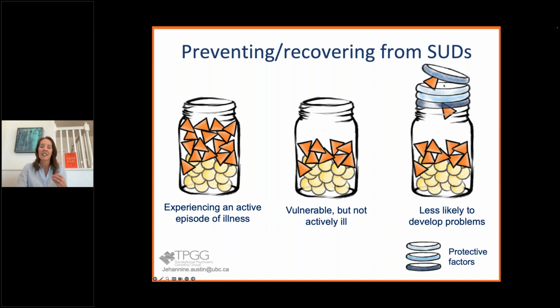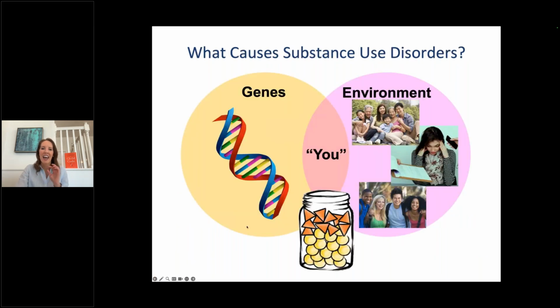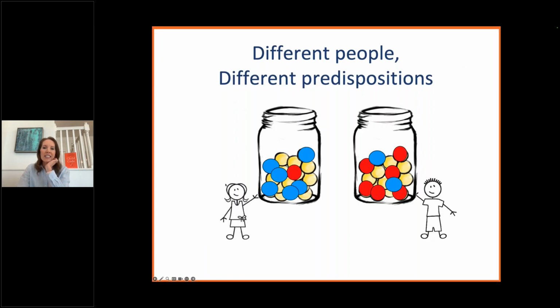And so these are things that we can do as parents, in our schools, in our communities. Things like monitoring our children, reducing their access to substances. Because every individual is going to have a unique jar comprised of their genetic risk factors and their environmental risk factors. And what is in that jar can be different for different people.